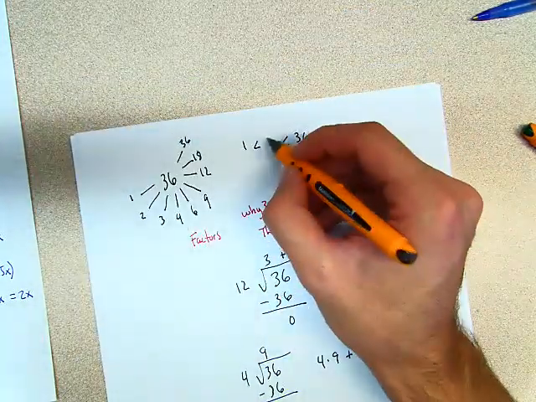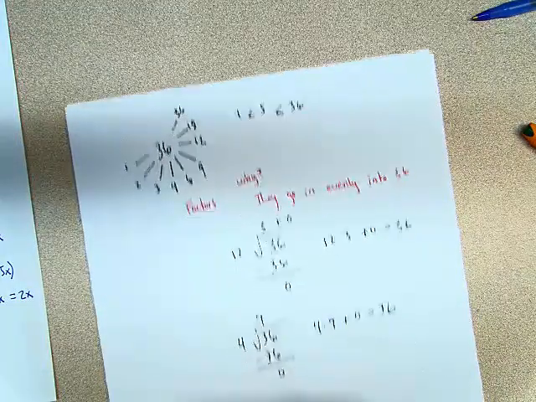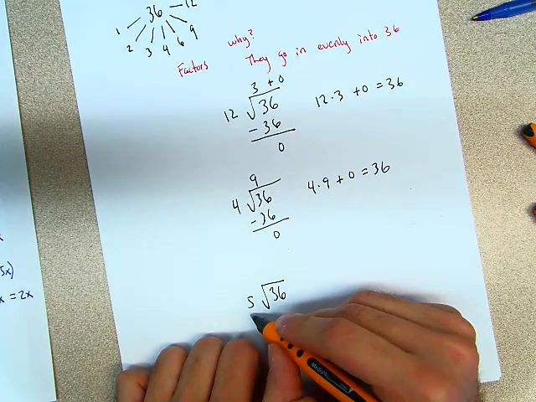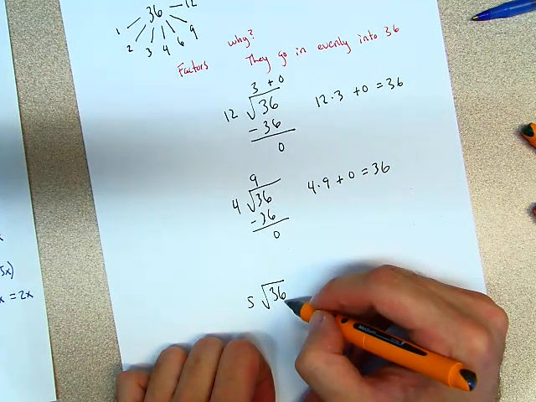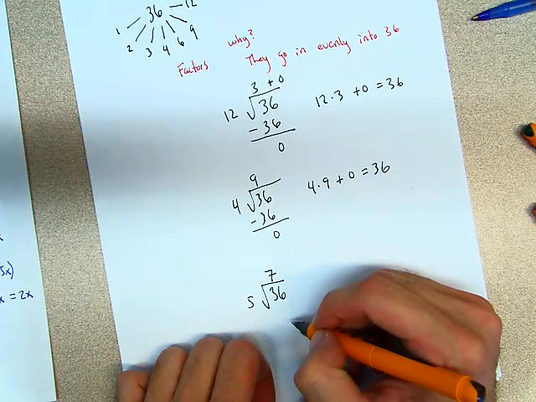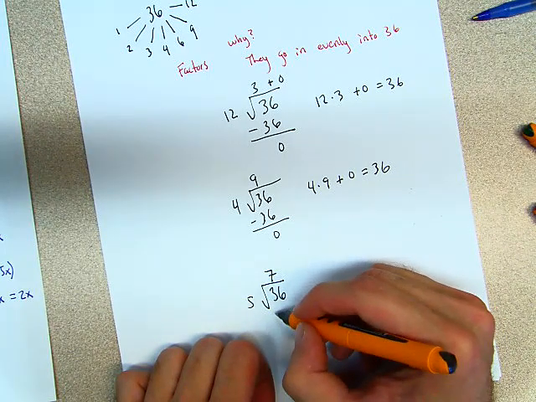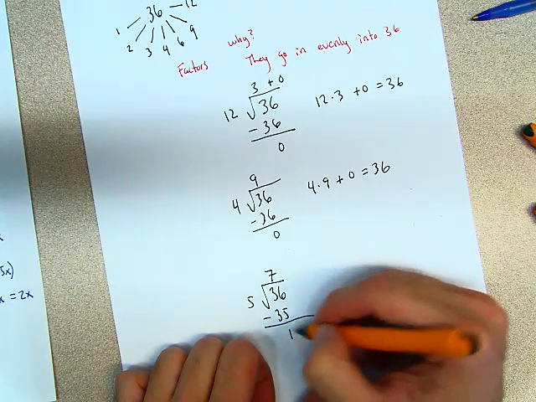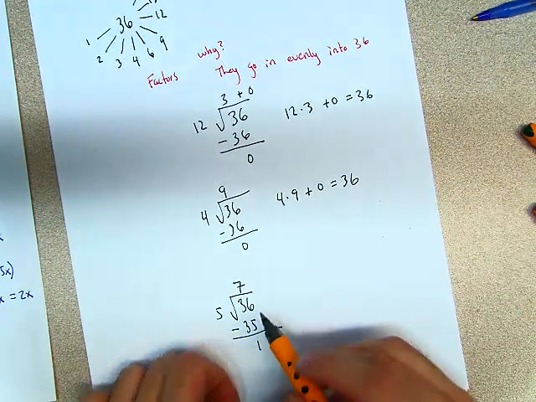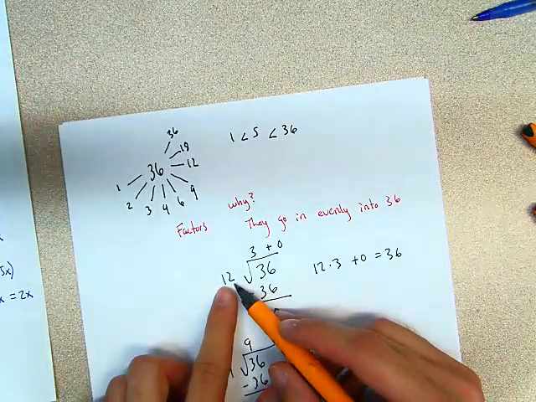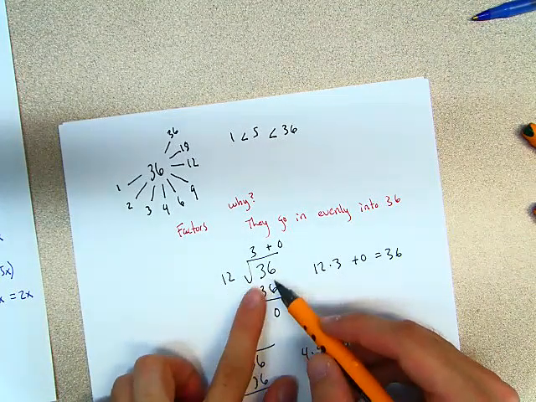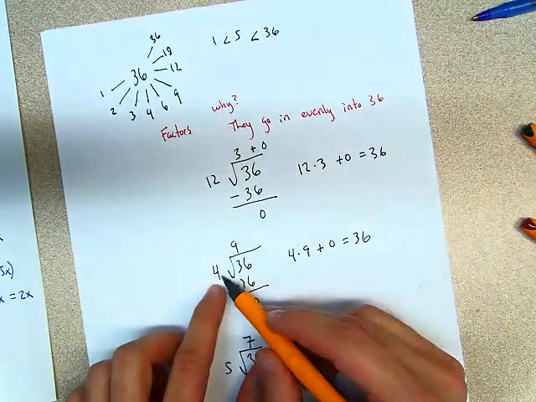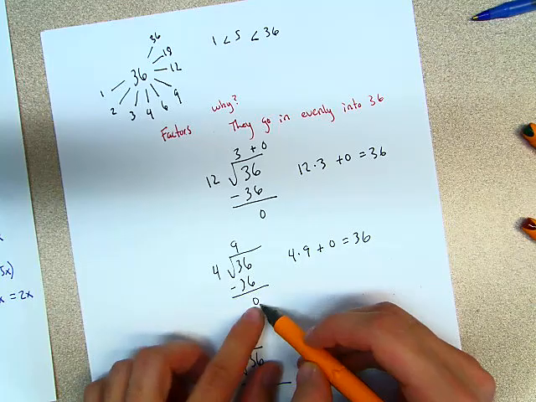Let's say you choose 5. If you have 36 divided by 5, how many times does 5 go into 36? It goes in 7 times, and 7 times 5 is 35. You subtract, and you get remainder 1. So one thing you have to understand is 12 goes evenly into 36 because you have remainder 0. There's no remainder. 4 goes evenly into 36.